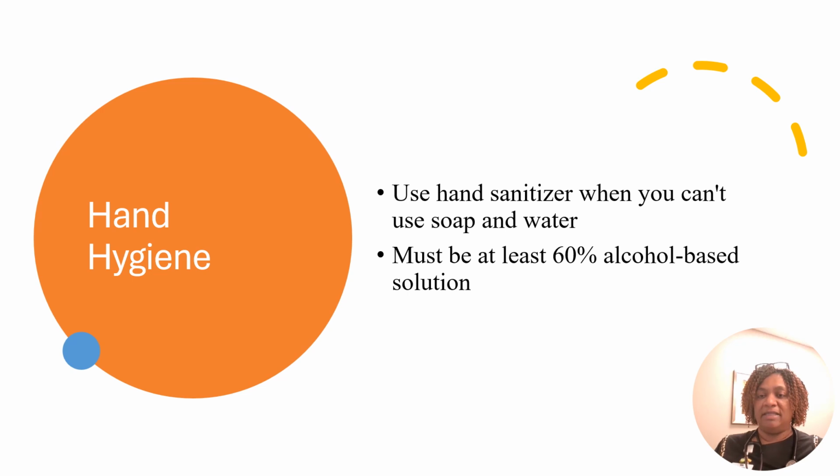However, hand sanitizer is not recommended for visibly soiled hands that are contaminated with fecal matter. That is the one disclosure the CDC makes: if you have visible stool or fecal matter on your hand, it is not recommended to use hand sanitizer, and you should do a full soap and water cleanse.